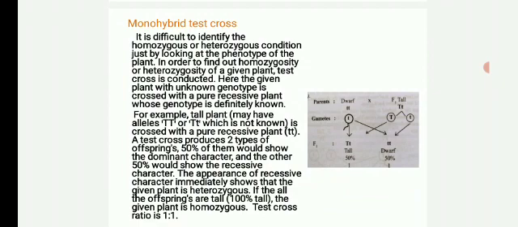Next, monohybrid test cross. It is difficult to identify the homozygous or heterozygous condition just by looking at the phenotype of the plant. In order to find out homozygosity or heterozygosity of a given plant, a test cross is conducted.